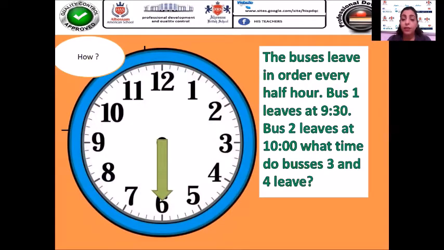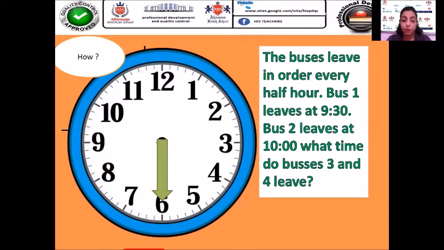All right, Fatima Tamtomti. The buses leave in order every half hour. Bus number 1 leaves at 9:30. Bus number 2 leaves at 10. So what time do buses 3 and 4 leave? Ms. Ereny, I'm gonna draw 4 clocks, 1 for each bus.